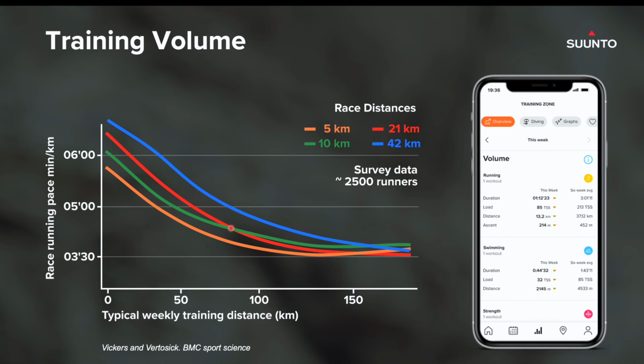Now, obviously, when the volume starts to be very, very high, so in this case we start to talk about distances over 100 kilometers a week, which is a lot, then the correlation for the race pace is not that evident anymore. So with enough volume, you start to also highlight other aspects.